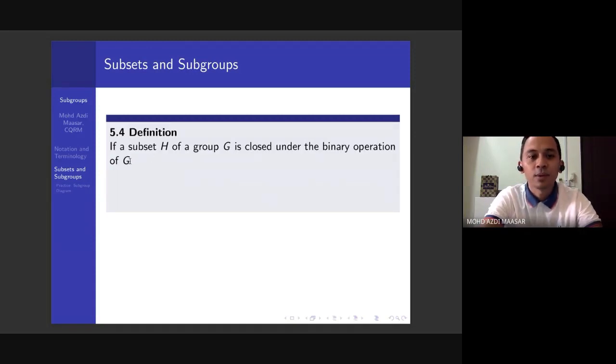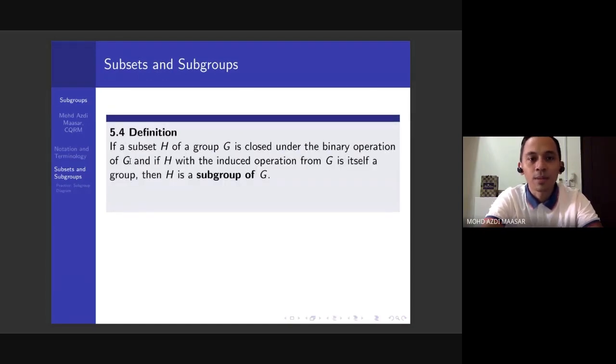What will make it a subgroup is that not only is the binary operation from G closed in H, we also need to check that H with the induced operation from G is itself a group, then H is a subgroup of G.